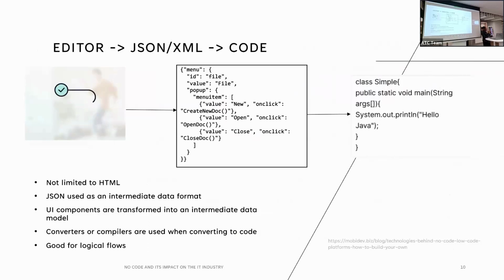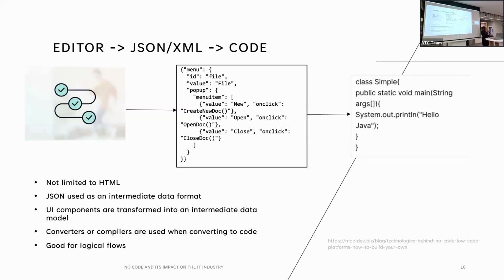And then what's on the user interface can be transformed into a well-formatted JSON object. And then this JSON object can then be generated into code for the backend business logic. This one is quite preferred, and we're using JSON and XML because it is easy to serialize and deserialize. But you can use any other intermediate data model.